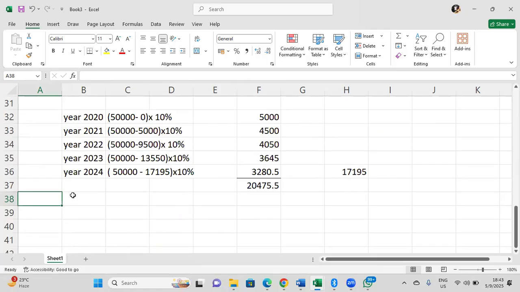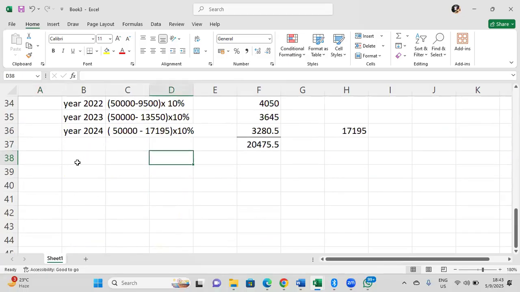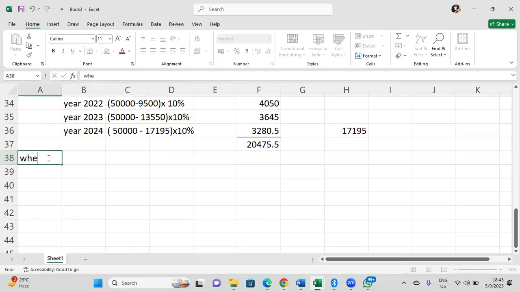So after the depreciation methods, we need to know how to prepare what we call an asset account. So when an asset is acquired, the company creates an asset account.